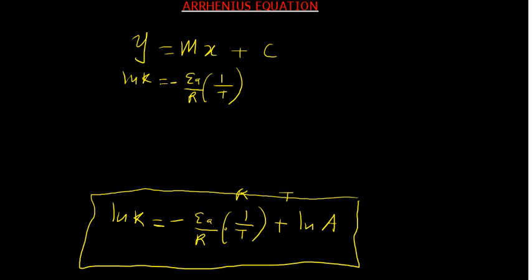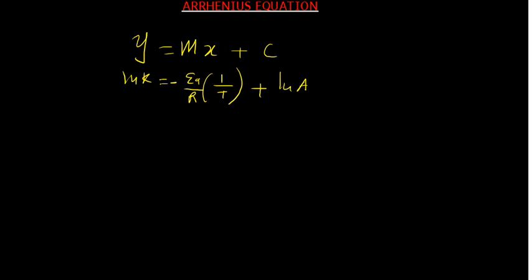So 1 over T is representing the x-axis, and then our c is natural log of A. Okay, so we can actually see how a graph of this can look like.